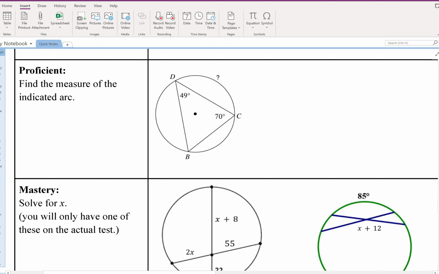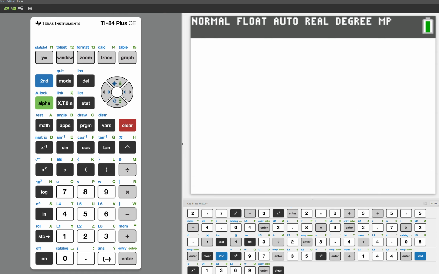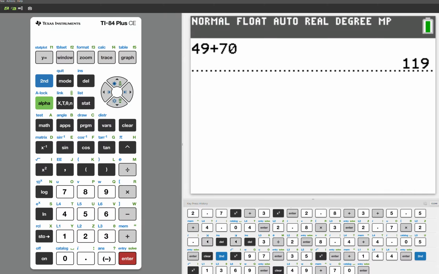On this one, we're going to use a couple ideas. One is that this angle plus this angle plus this angle, being angles of a triangle, have to add to 180 degrees. I'm going to call this x. So 49 plus 70 plus x equals 180. 49 plus 70 would be 119.